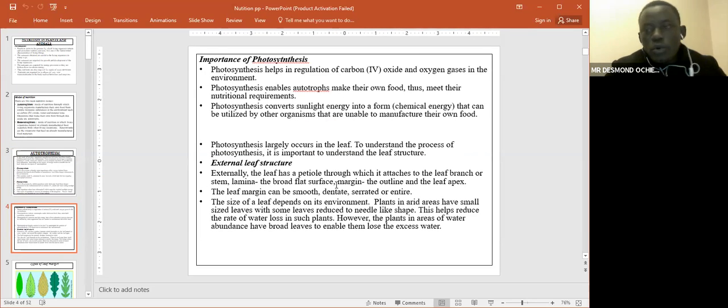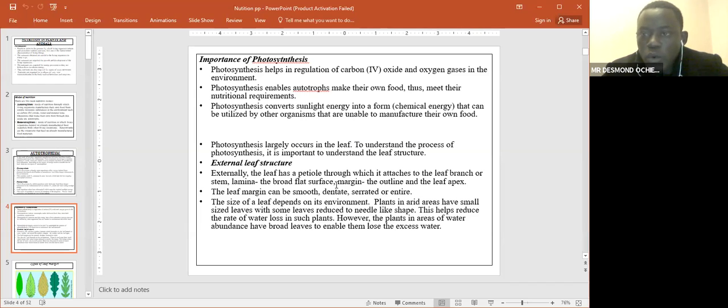Great. So we will try and focus on photosynthesis because this is the most common mode of autotrophism. This is the most common type of autotrophism. So we are going to be looking at the process of photosynthesis in detail.